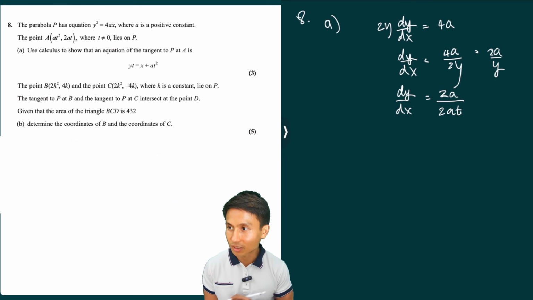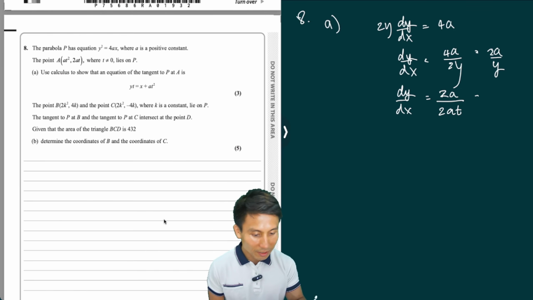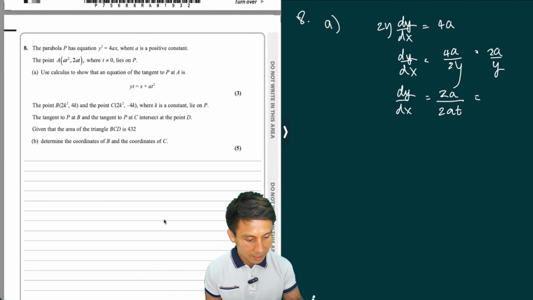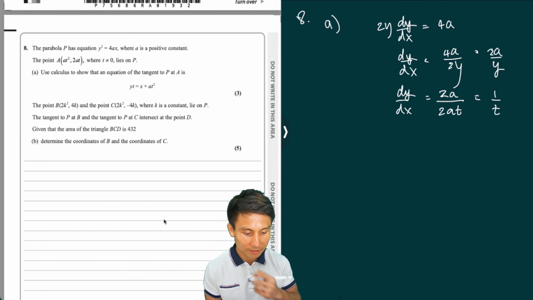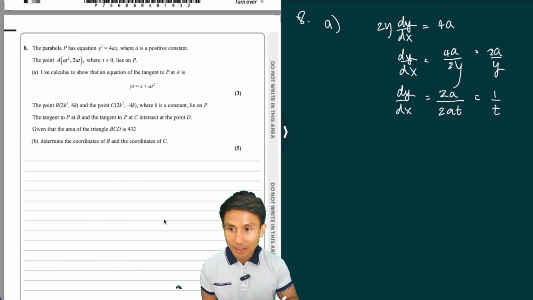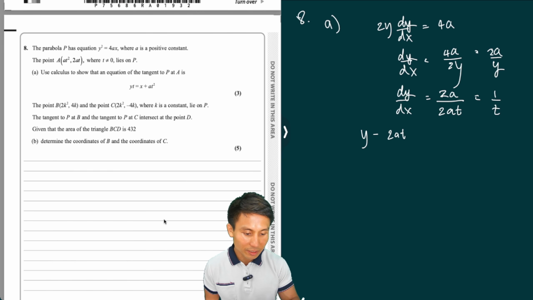The question gives you 2at there. And then just simplify this. We get, so a cancels, 2 cancels, we get 1 over t. And then we just use y minus y1, in this case 2at, equals m, which is, that's a tangent, so it's still 1 over t, times x minus at squared.